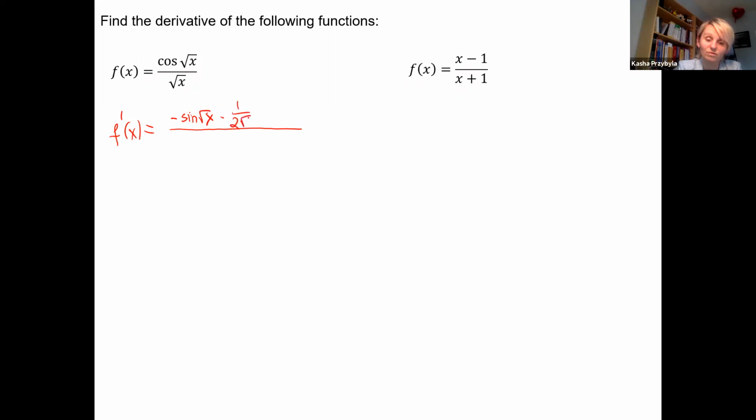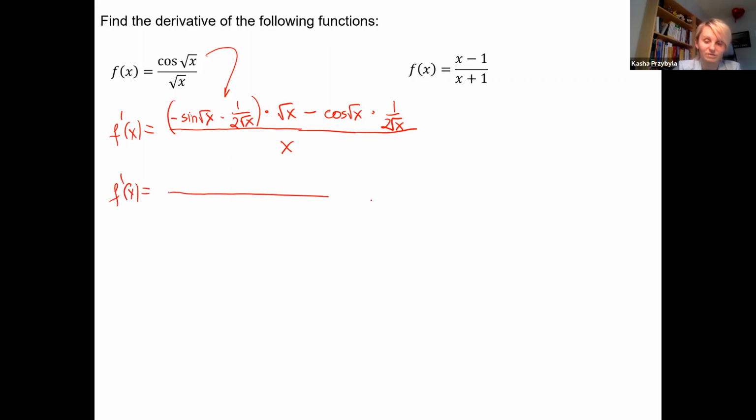The derivative of the square root of x is 1 over 2 root x, times the function from the denominator. That is the derivative of the top function. And minus cosine, the function from the numerator, times the derivative of the denominator, which is 1 over 2 root x. The derivative of square root of x is 1 over 2 square root of x. And then the denominator squared will be just x.